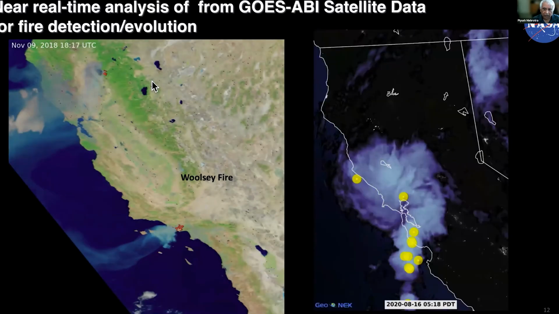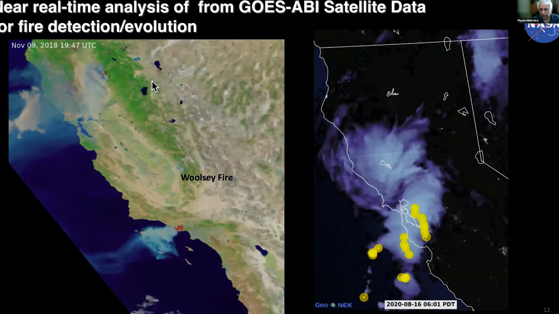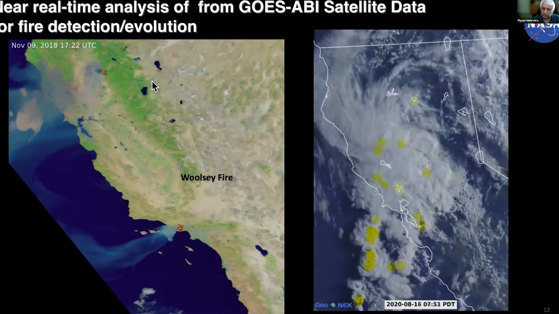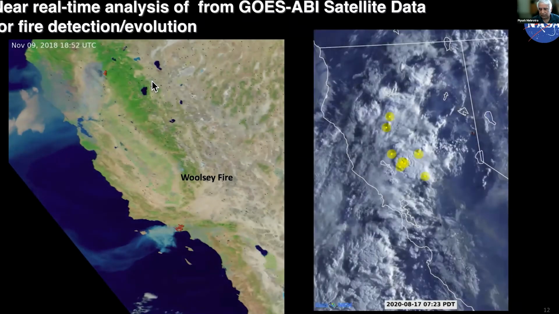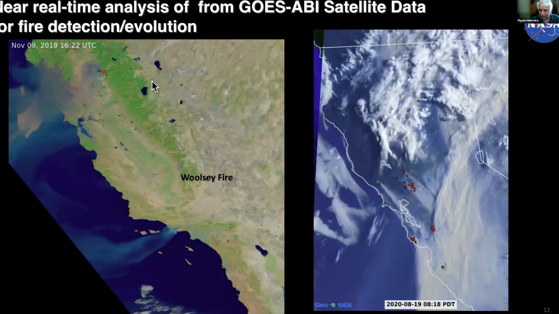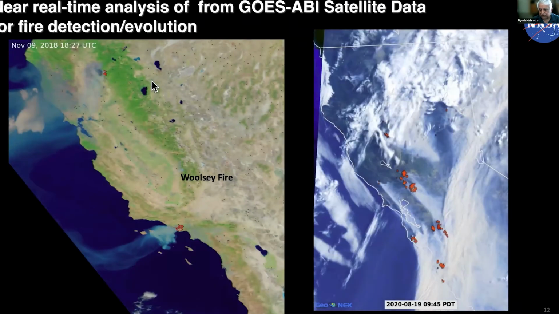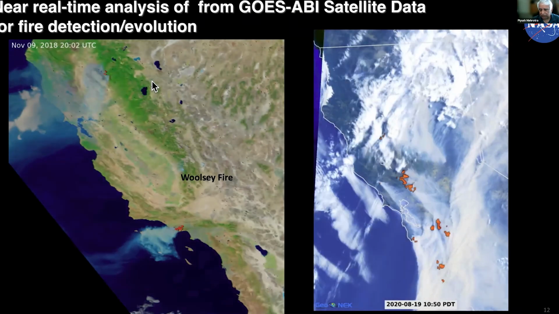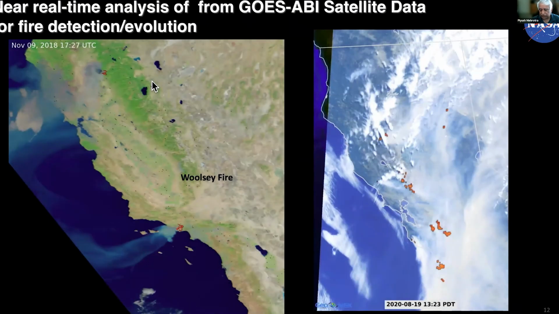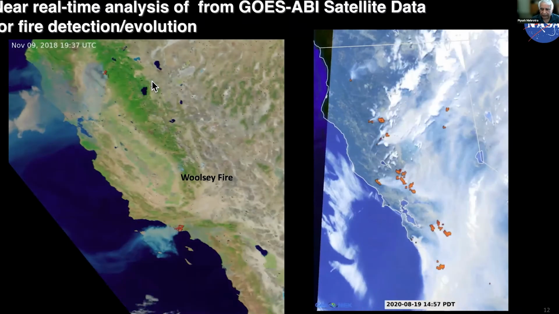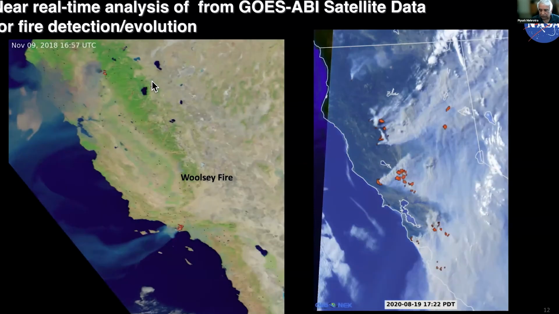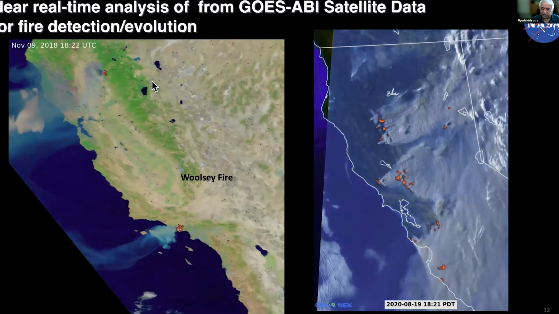On the right-hand side is data coming from a geostationary lightning mapper. So this is lightning bolts, and analyzing the data as it comes down, extracting the lightning from there, and figuring out how that is affecting the wildfire that is happening, and providing that information, once the whole system is built, back to the firefighters so that they can understand what the lightning is and how that is affecting how the wildfires are progressing.